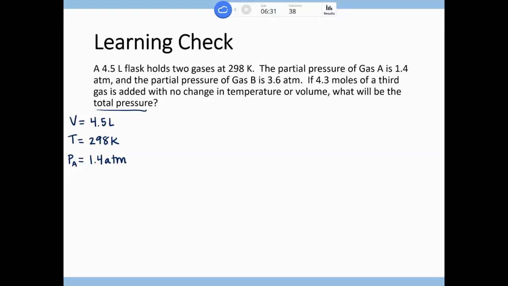We have partial pressure of the second gas, gas B. We have 3.6 atmospheres. We're looking for total pressure.